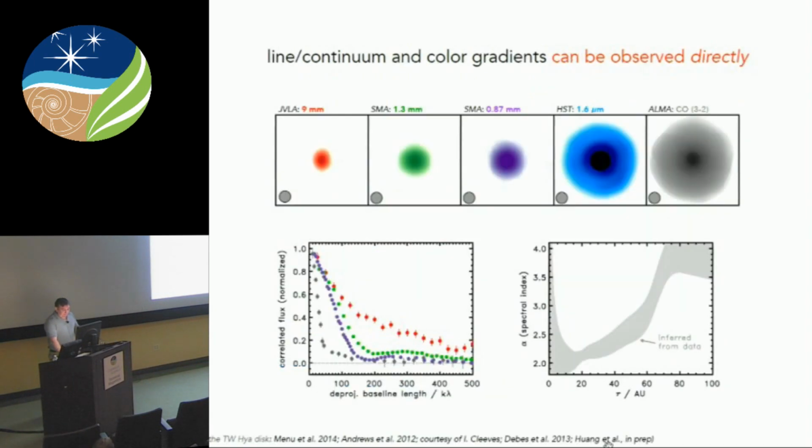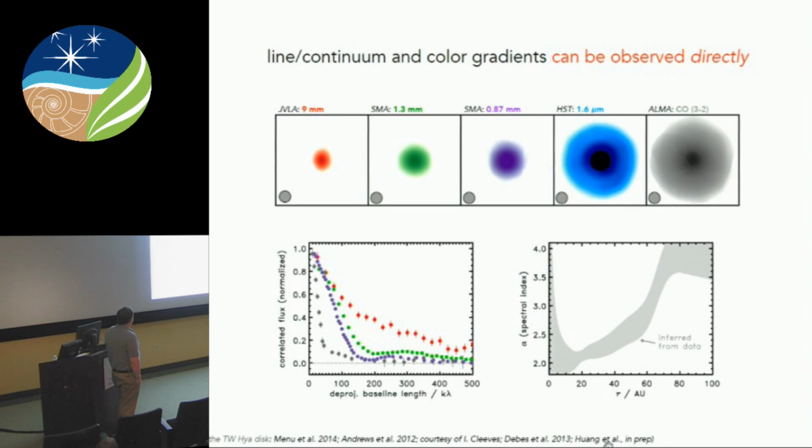But we see these things directly in the data. This top row of brightly colored images: I sort of got myself into a mess trying to match colors over many slides, but hopefully you'll bear with me. These are measurements of the same disk at many different bands.